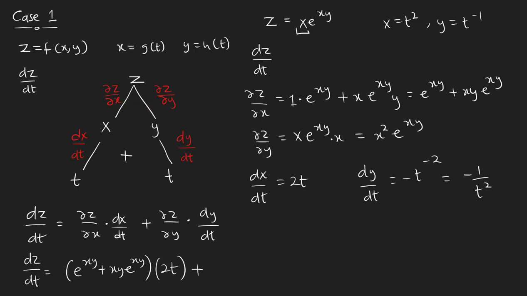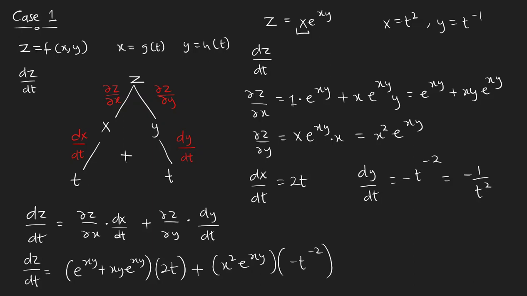Then plus del z/del y, which we got to be x squared e to the power of xy, multiplied by dy/dt, which is minus t to the power minus 2. Okay, this is what you have.